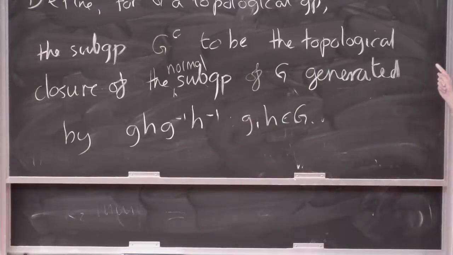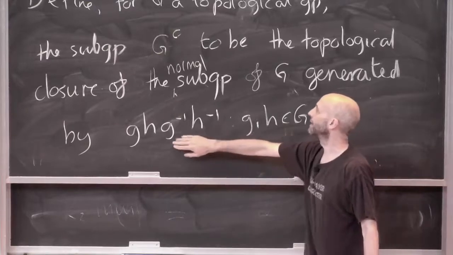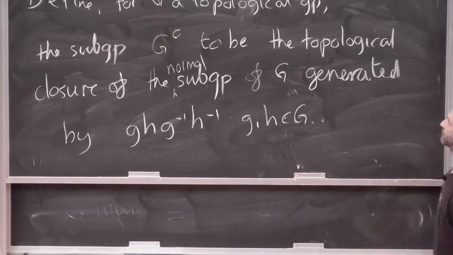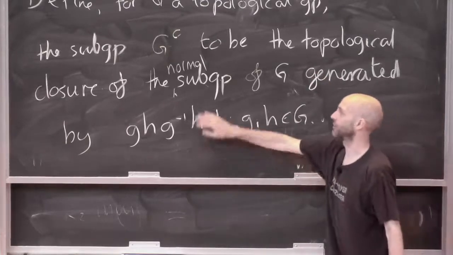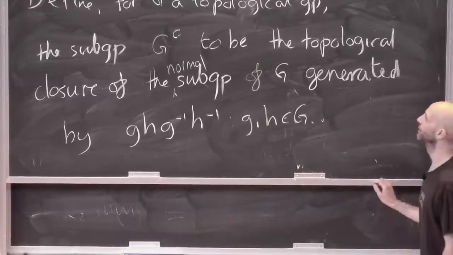But if G is a topological group, and I just generate this random subgroup, then if it's not closed, when I quotient G out by this random commutator subgroup, I'll get something that's kind of horrible. I'll get something that isn't Hausdorff.